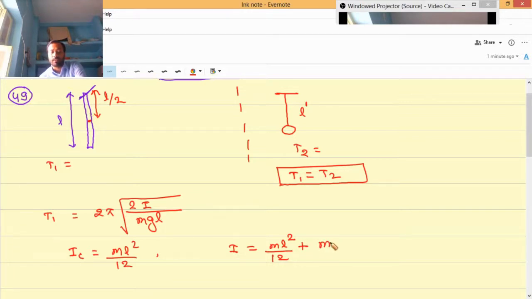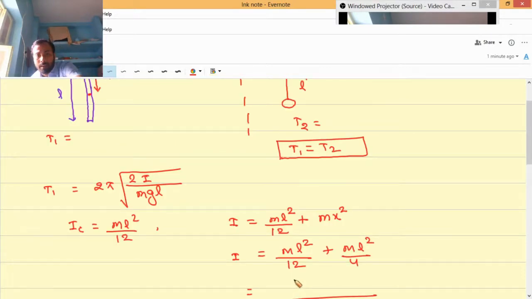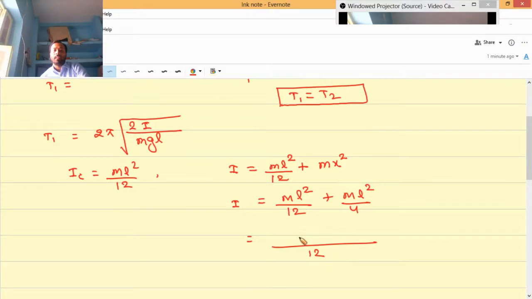If the mass is m and the distance between the central point and the point of suspension is x, then we write mL square by 12 plus m x square. Here the value of x will be L by 2, so x square will be L square by 4. So mL square by 12 plus 3 mL square by 12.